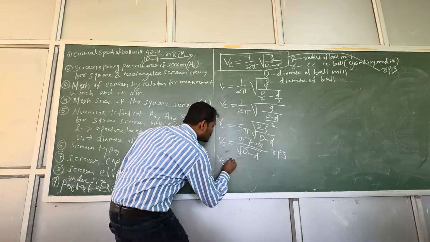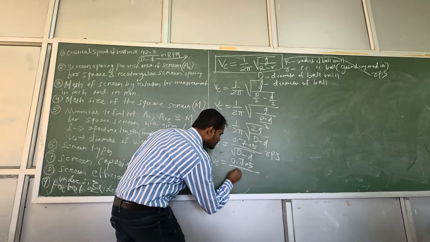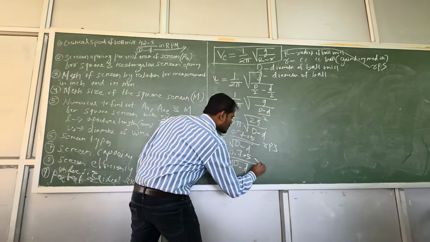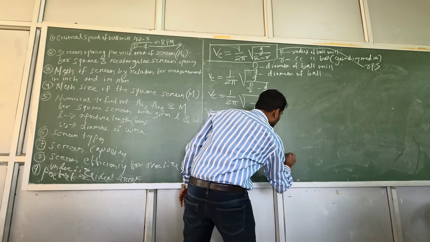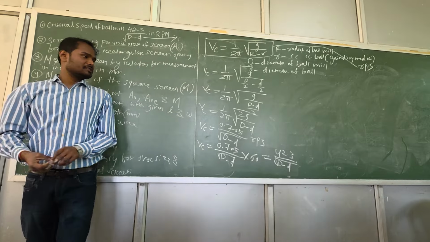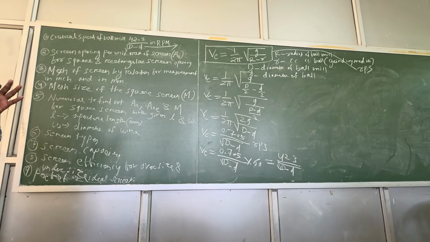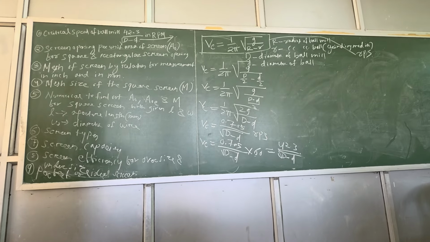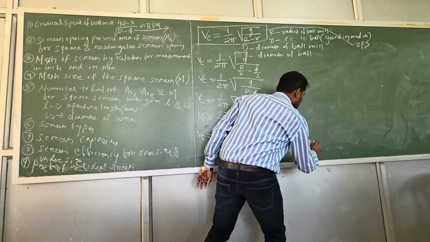So Vc is equal to 0.705 by square root of D minus d into 60. You end up with this answer 42.3, the final expression. Ball diameter is given and mill diameter is given. You can use this expression, finally you will get the RPM, in revolution per minute.